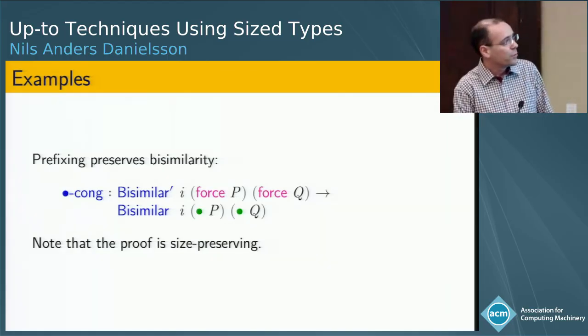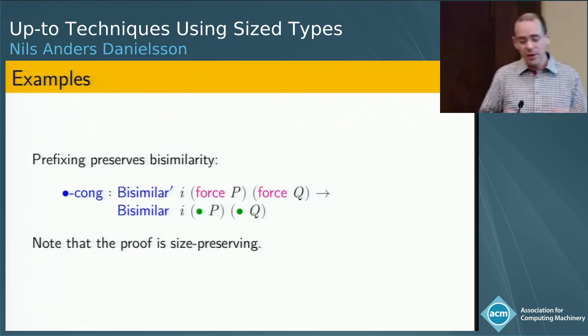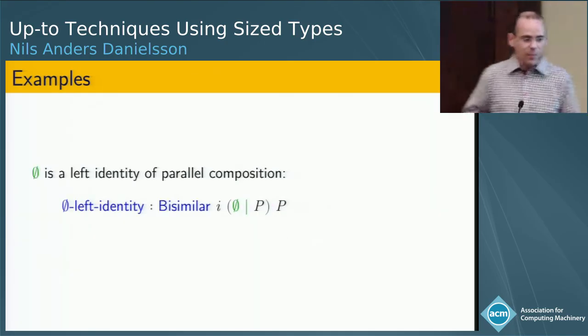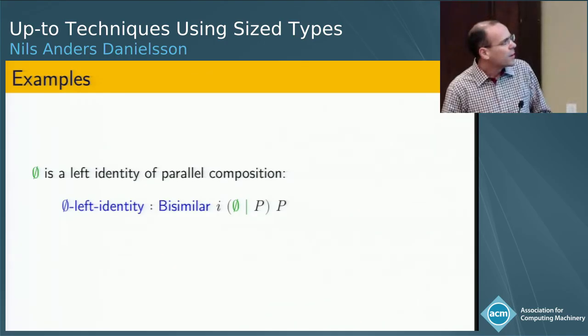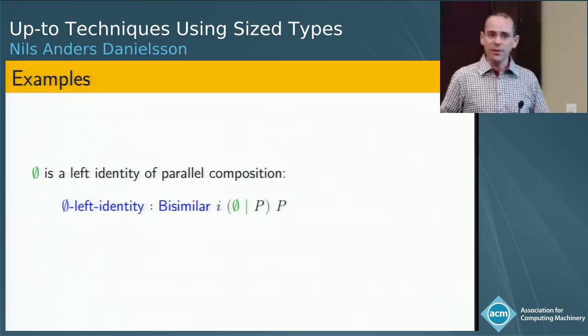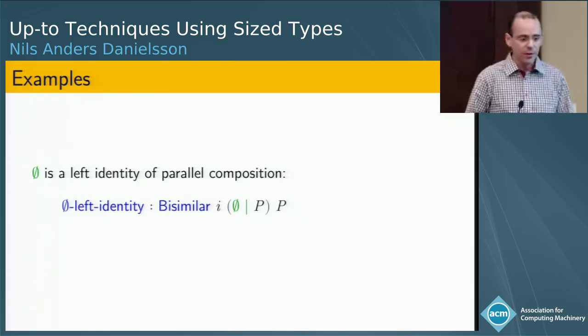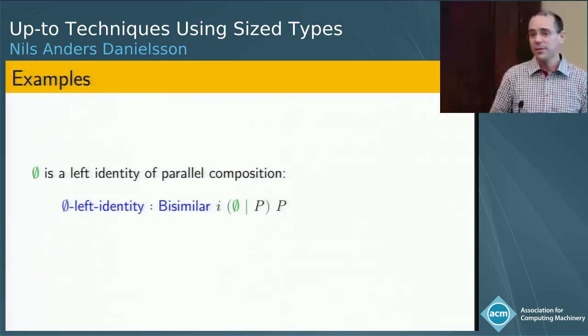So if force P and force Q are bisimilar using this suspended variant of bisimilarity, then dot P and dot Q are bisimilar. And again, it's size-preserving. And then the final lemma I'm going to use is the fact that nil is a left identity of parallel composition. All of these proofs are very simple, but I'm not going to show you the details.